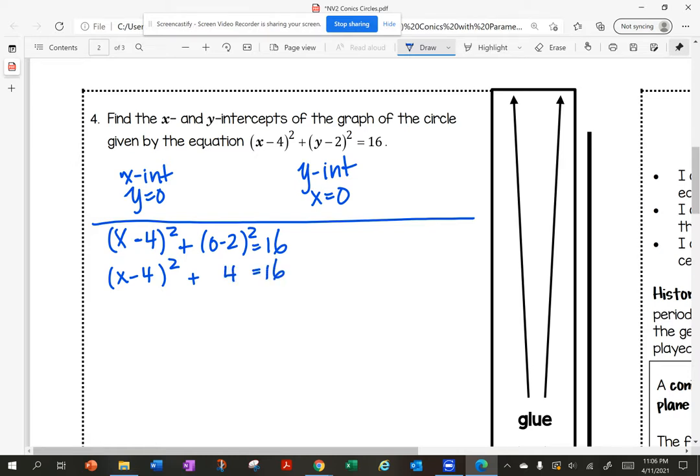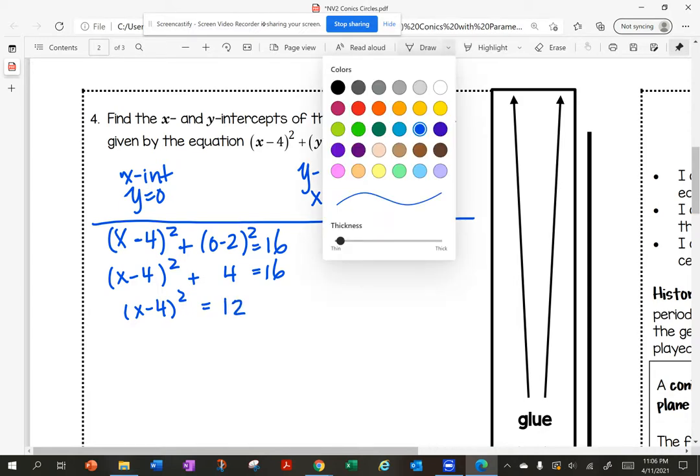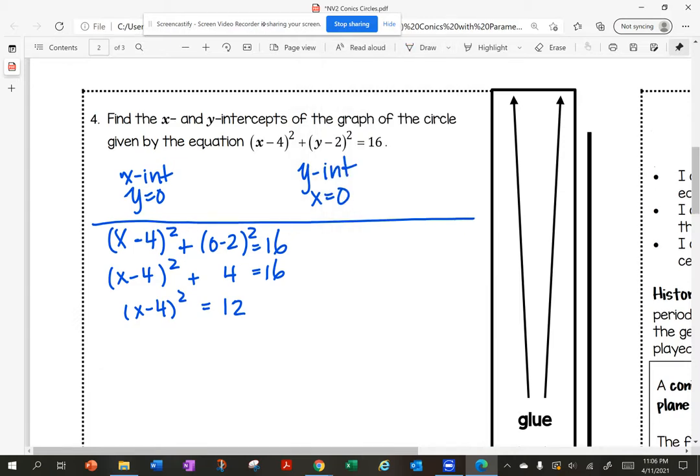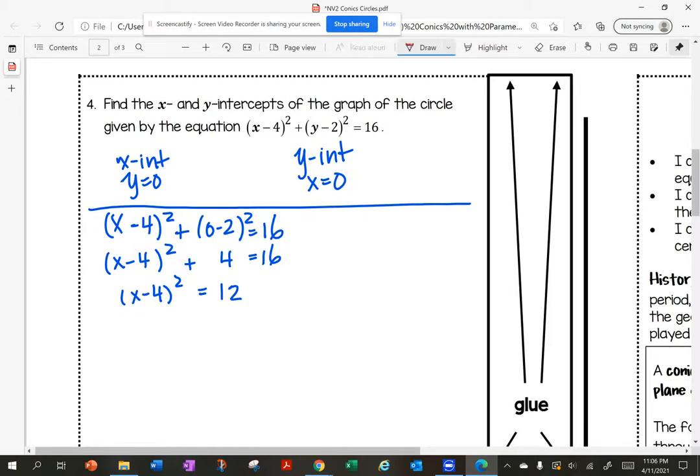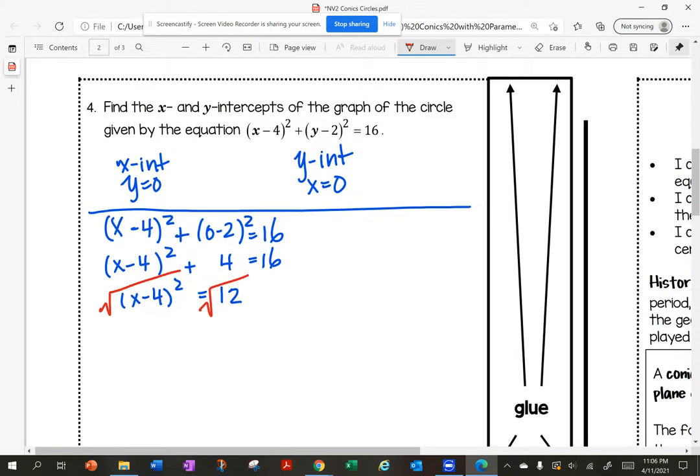So I'm going to subtract 4 from both sides. So I have x minus 4 quantity squared equals 12. Next, I'm going to undo the squaring, so I'm going to take the square root. Whenever I take the square root of one side, I take the square root of the other side. So I want to simplify the square root of 12 with any perfect squares. 4 is a perfect square.